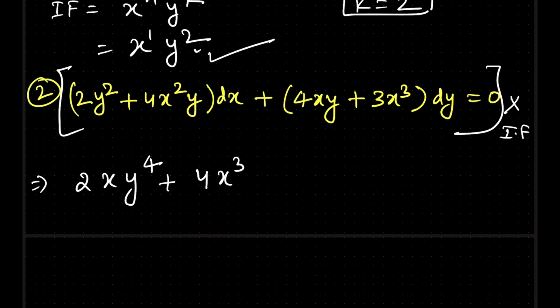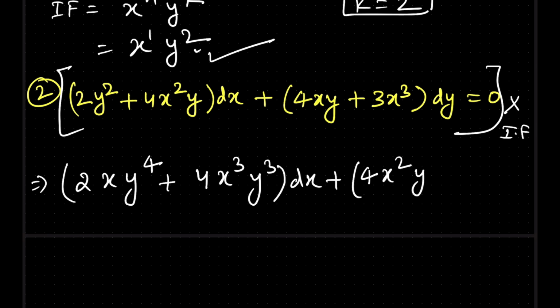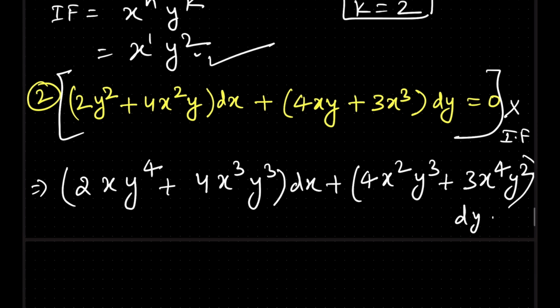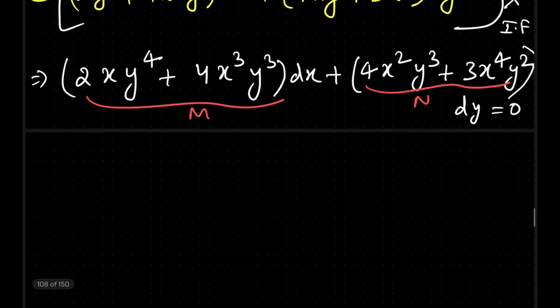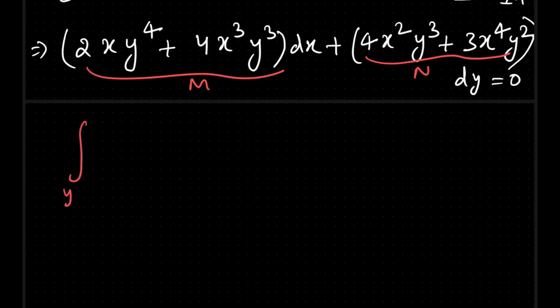Then the second term will become 4 x cube, because x squared into x will become x cube, and y cube. So this is your first term, plus again multiplying, you will get 4, then x squared and y cube plus 3x 4 and y squared dy is equal to 0. So this is your M term and this is your N term. So this is your exact differential equation now.